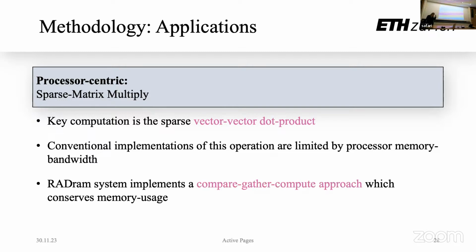On the other hand, the RDRAM system implements a compute, gather, compare approach, where the active pages fetch the indices and compare them. Then the data is gathered into cache line size blocks. The processor reads this compact data and begins multiplying it and writing it back.